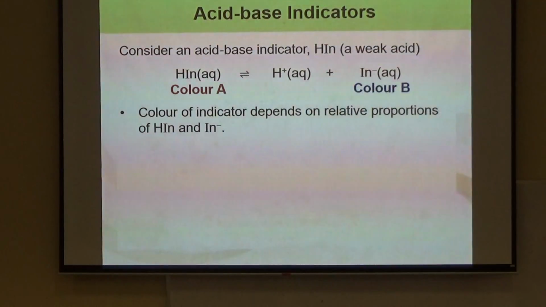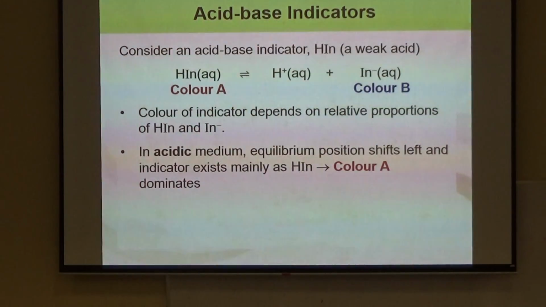Okay, the color of the indicator depends on the relative proportions of the indicator in the acid form and the indicator in the salt form. So in this case, in the acidic form, the position will shift to the left.